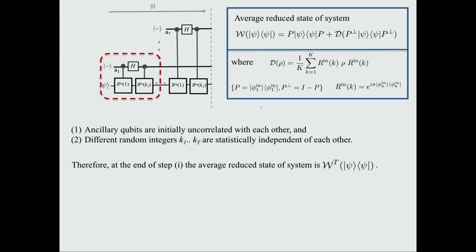So channel W is repeated T times, basically, from the point of view of the system. And now you can argue that if T is sufficiently large, then the system should be pushed to one of the fixed points of the channel W.